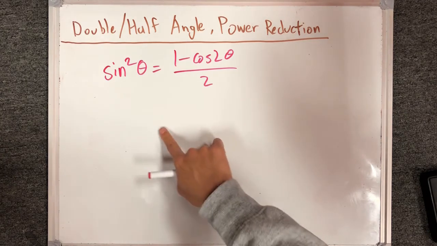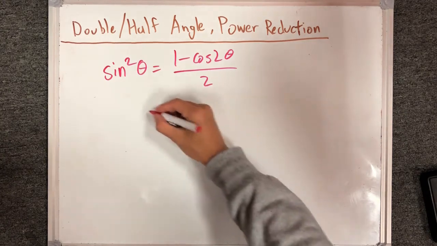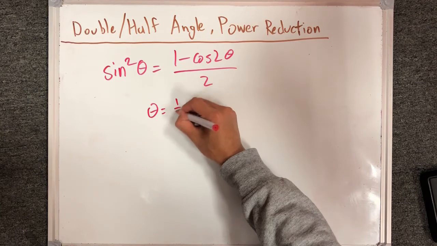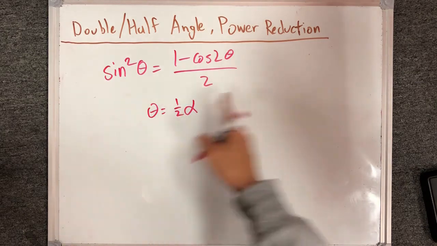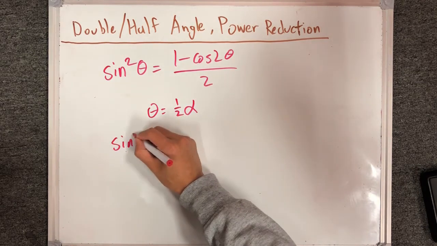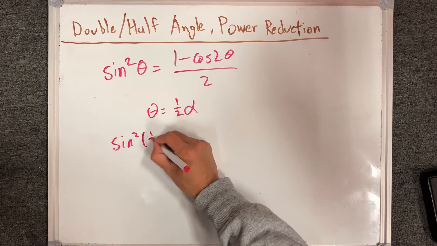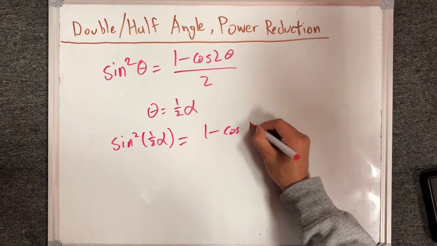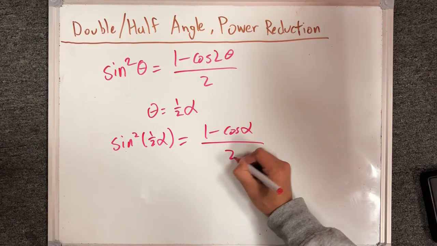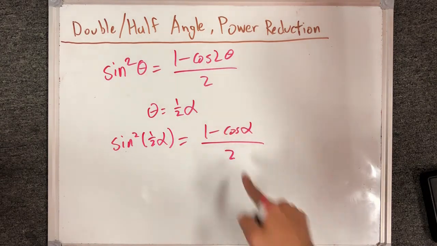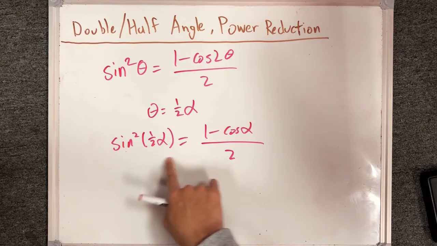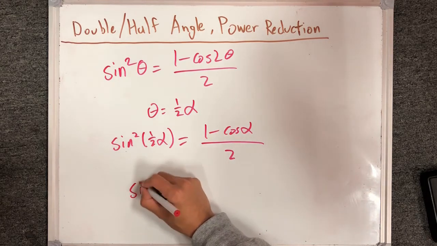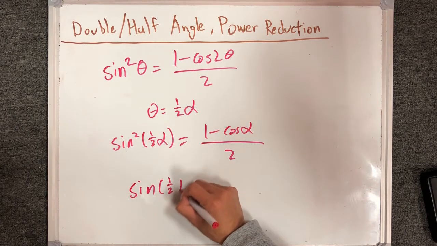If I wanted the half angle identity for this, I can set theta equal 1/2 alpha. Plugging all this in, sine squared of 1/2 alpha will be 1 minus cosine of alpha over 2. This will be 2 times 1/2 alpha, which is simply alpha. Now I can solve for sine of 1/2 alpha by taking the square root of both sides.